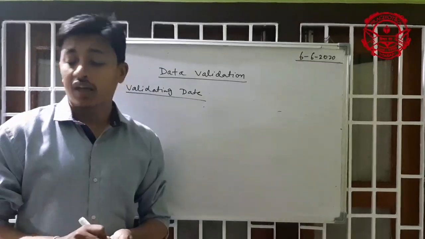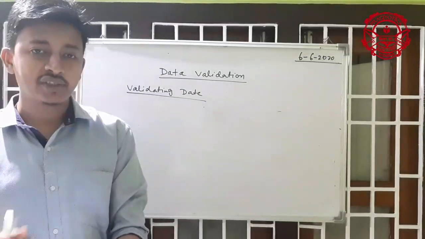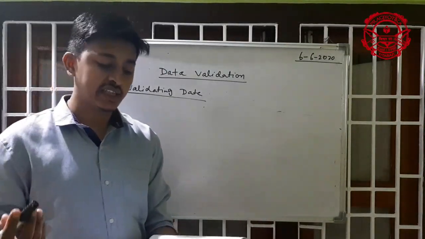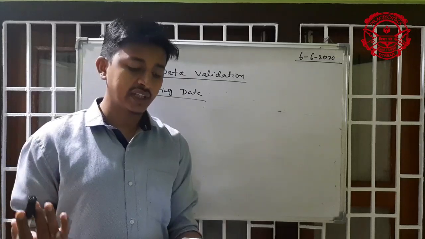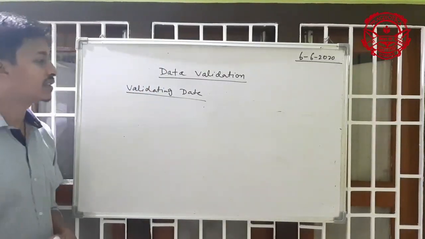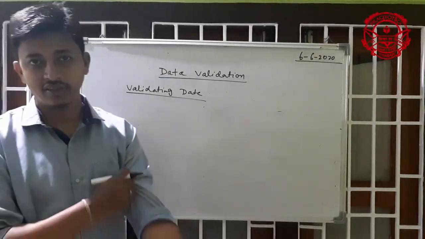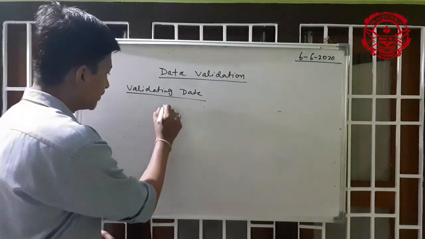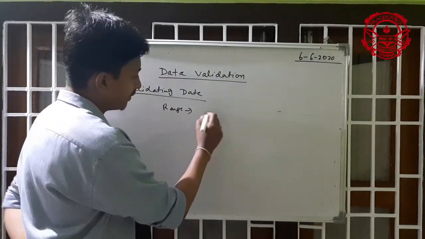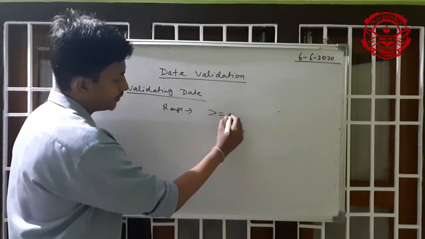In the book, as with numbers, date validation usually involves checking to see if the date falls within a certain range. Again, the range is coming. The date should fall within the range. For example, the date should be greater than or equal to the present date.